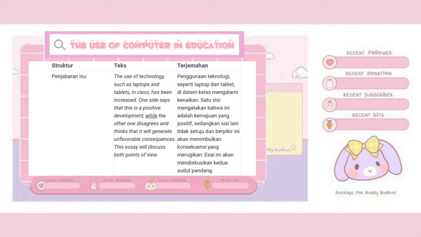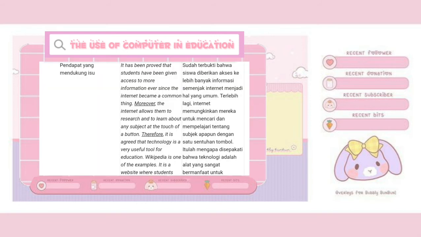We can see here that the writer explained the background of the topic first, and the writer gave his aim about the text. In the second paragraph, we can see the supporting point. It has been proved that students have been given access to more information ever since the internet became a common thing.